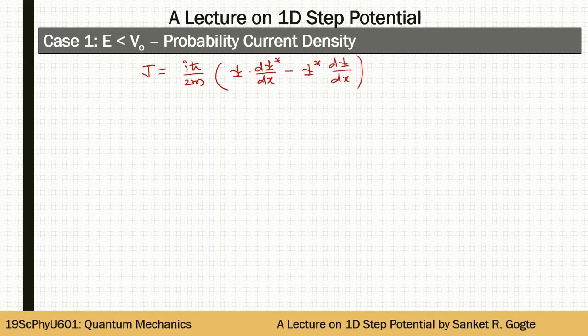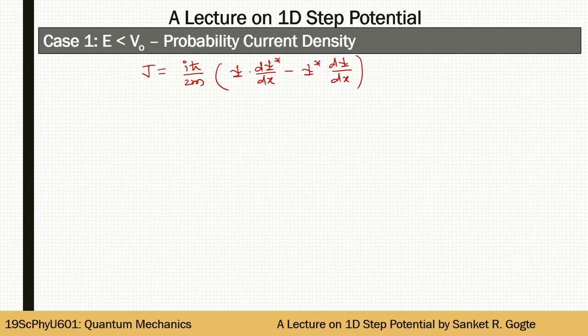This gives the probability current density. It is like how the probability is changing per unit time at a given point.